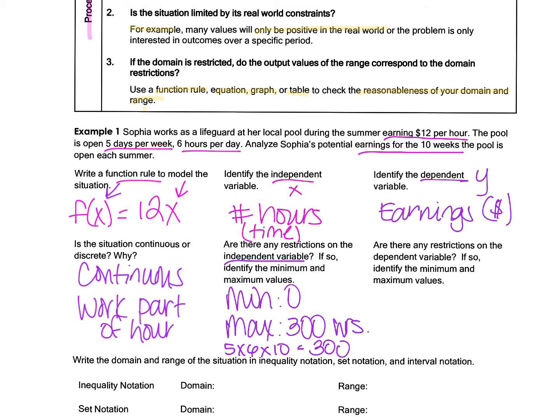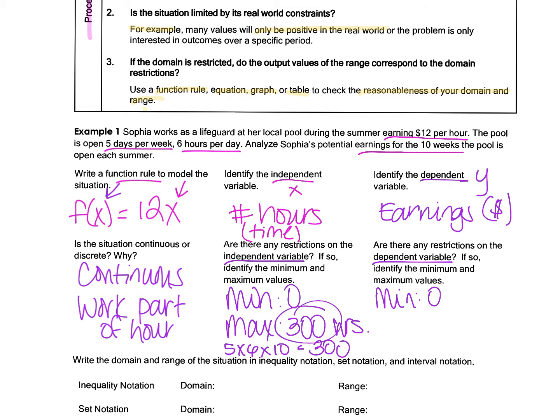Okay, so it says, are there any restrictions on the dependent variable, which is your y, so earnings? So the minimum she can make is $0. And then the max, so say she works 300 hours, which means she works every single day and every single hour that they're open.